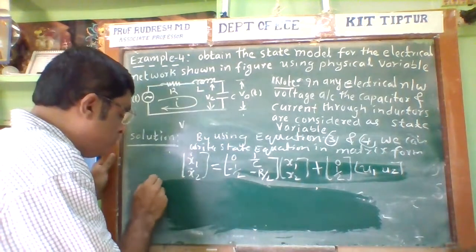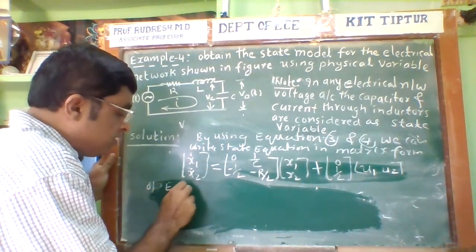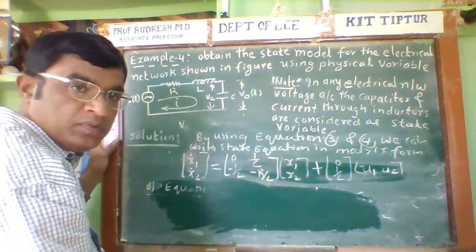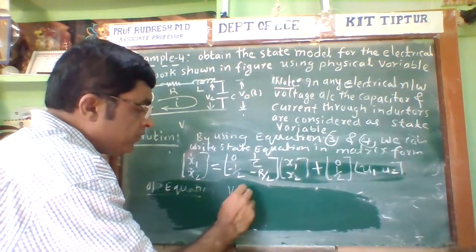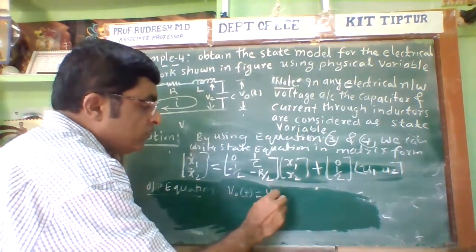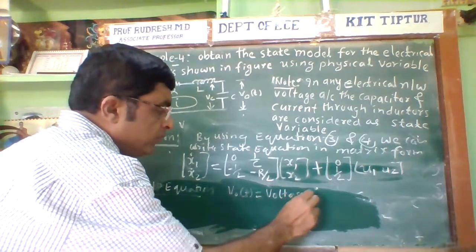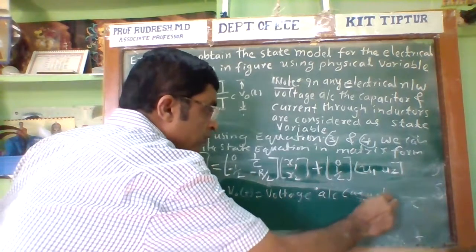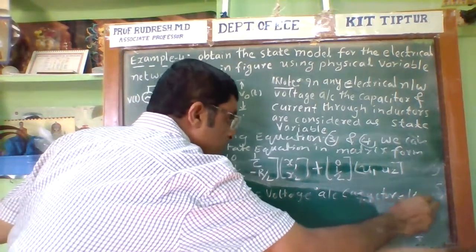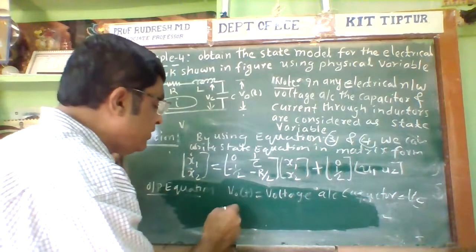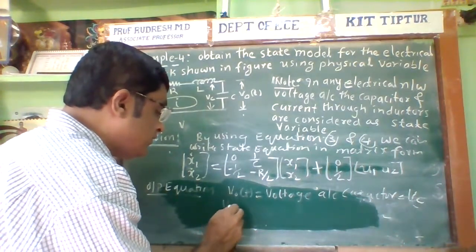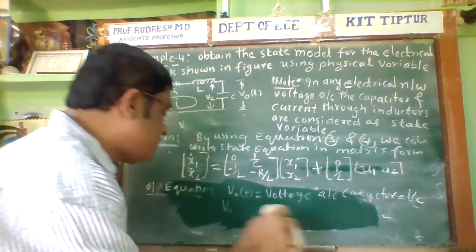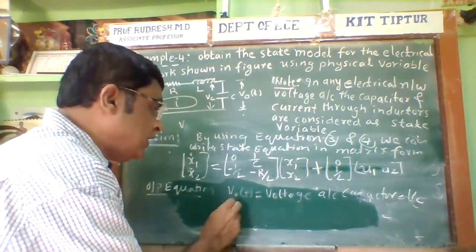The output equation is equal to V naught of t, the voltage across the capacitor, which is Vc. Therefore V naught of t is called the output.